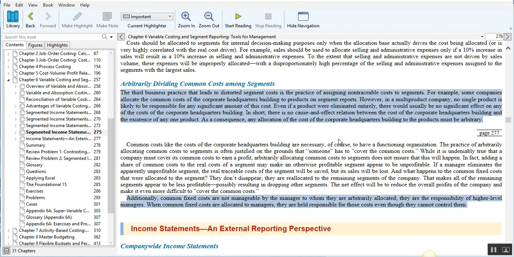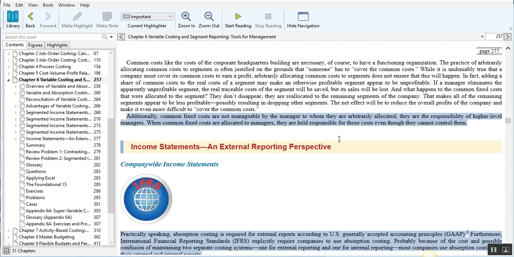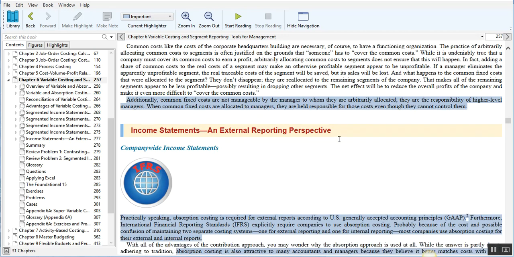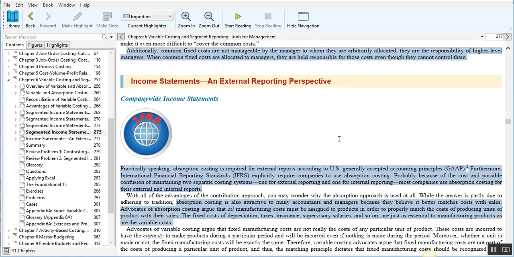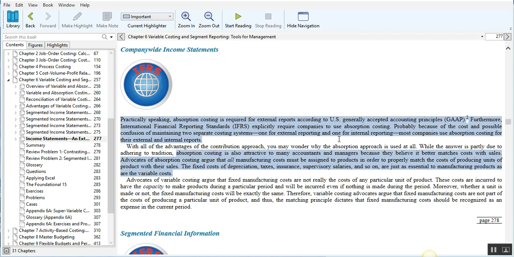So the allocation of the corporate headquarters building to any product line would have to be some kind of arbitrary division of costs. There could be common costs allocated on the basis of square feet or something like that. I don't know. But anyway, those common fixed costs that a manager cannot control or manage are the responsibility of higher level managers, not the manager in that particular product line.